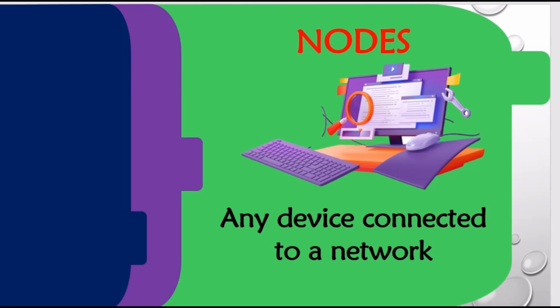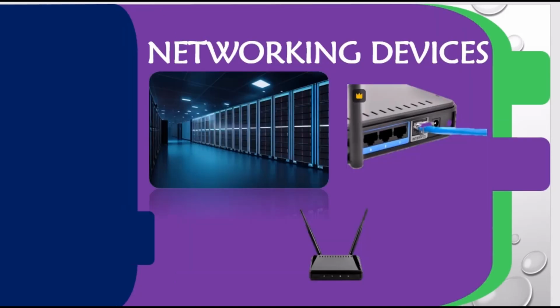These are computers, or can be defined as any device that is connected to a network or the internet. We then have the networking devices, and these form the basic hardware building blocks that interconnect the network devices or the nodes, as we have discussed before.